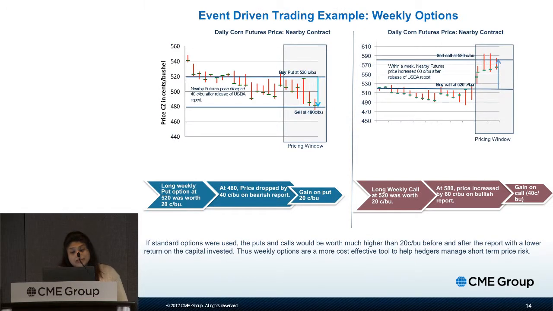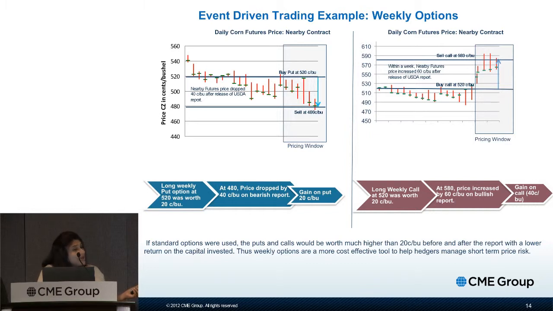This is an example. It's pretty self-explanatory. So here you have four weekly options. I'm looking at the pricing window for the last weekly option, or weekly option number 4. If a USDA crop report is bearish, the price drops by 40 cents.